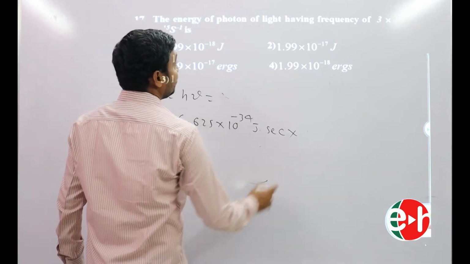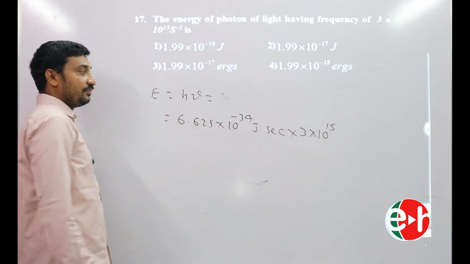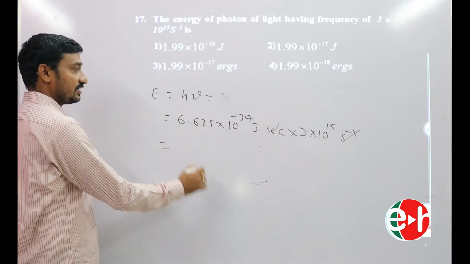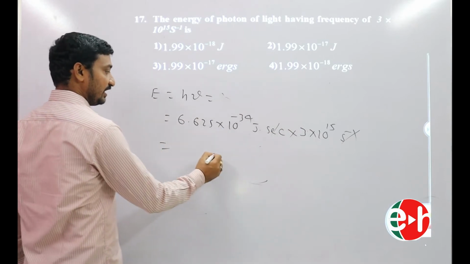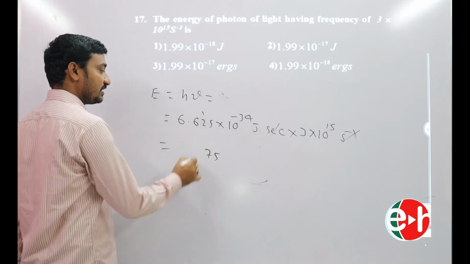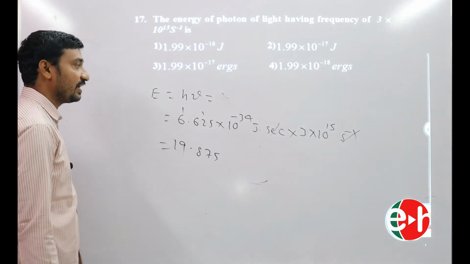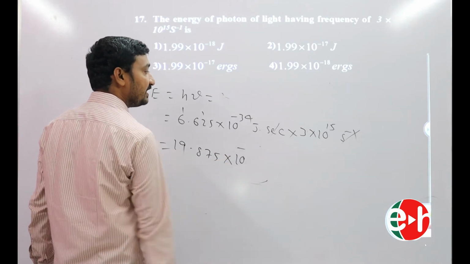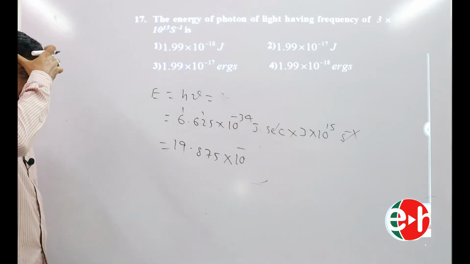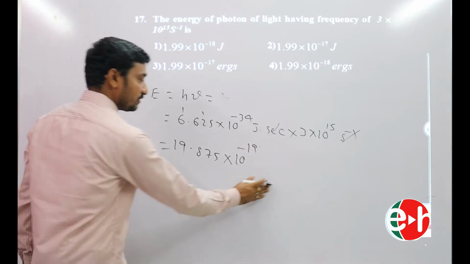The nu value given is 3 into 10 to the power of 15 second inverse. Second inverse cancels. Then multiply: 3 times 5 is 15, 3 times 2 is 6 plus 1 is 7, 3 times 6 is 18 plus 1 is 19, so 19.875 into 10 to the power of minus 34 plus 15, which is 10 to the power of minus 19 joules.